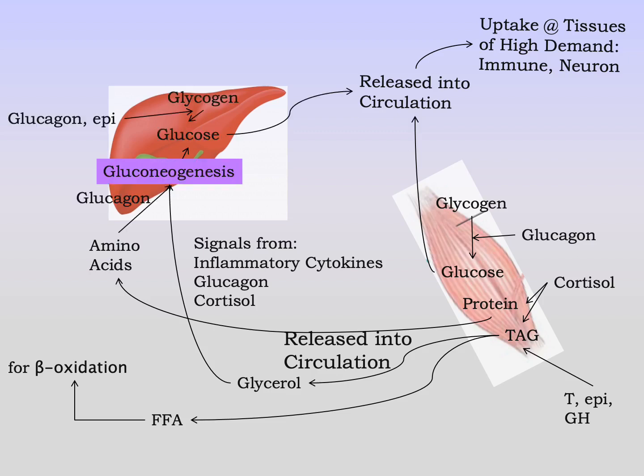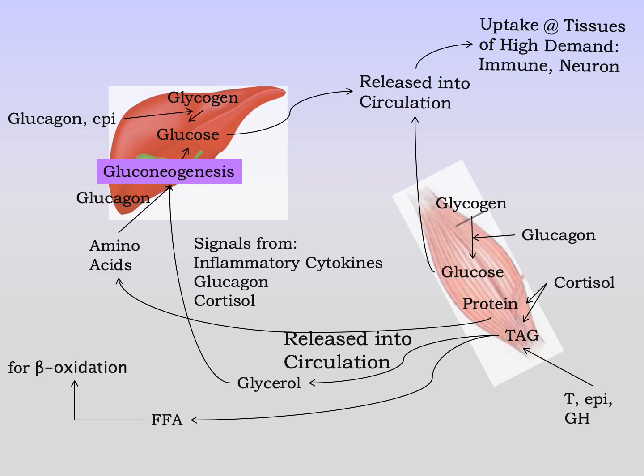All of the amino acids that go into circulation, glycerol that goes into circulation, will get taken up into the liver and will get modified into glucose metabolites to undergo the process of gluconeogenesis.